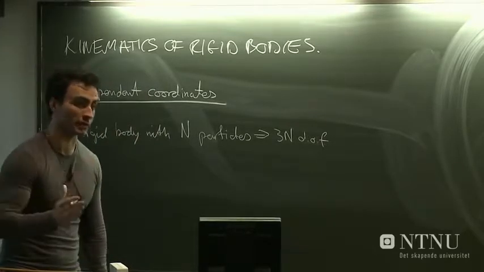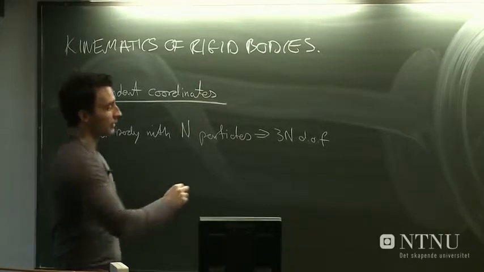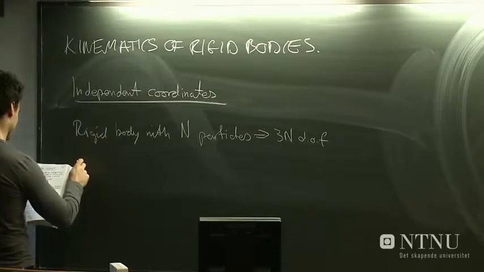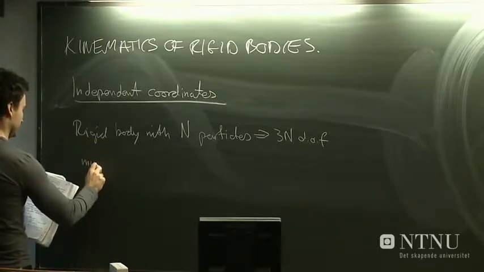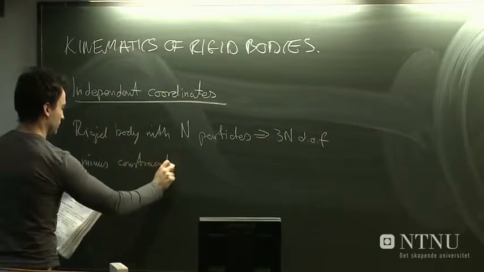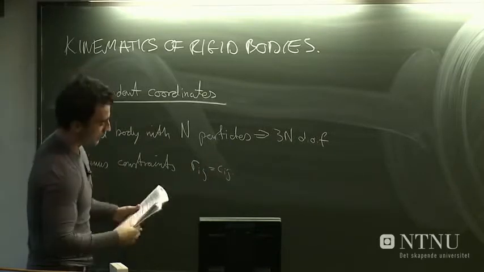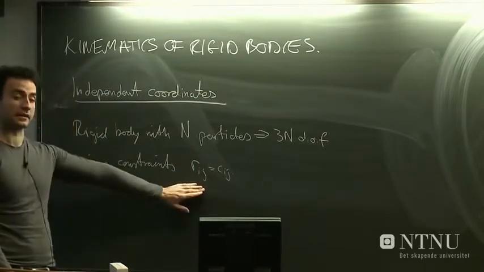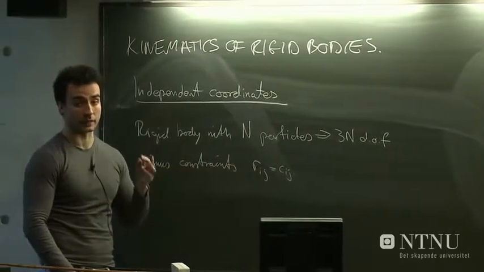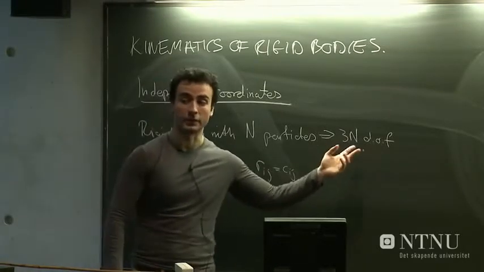However, the fact that the body is rigid introduces some constraints which reduces the degrees of freedom. Namely, for a rigid body, the distance between any 2 points or particles, i and j, has to be a constant. So the number of degrees of freedom is reduced.